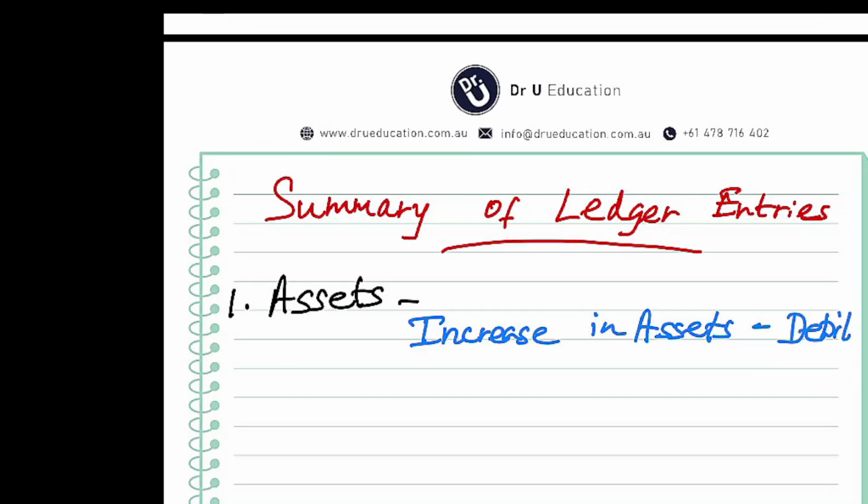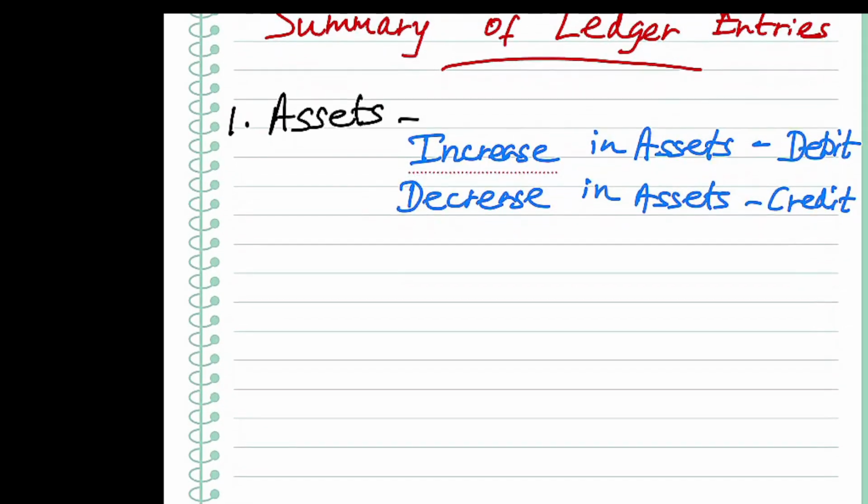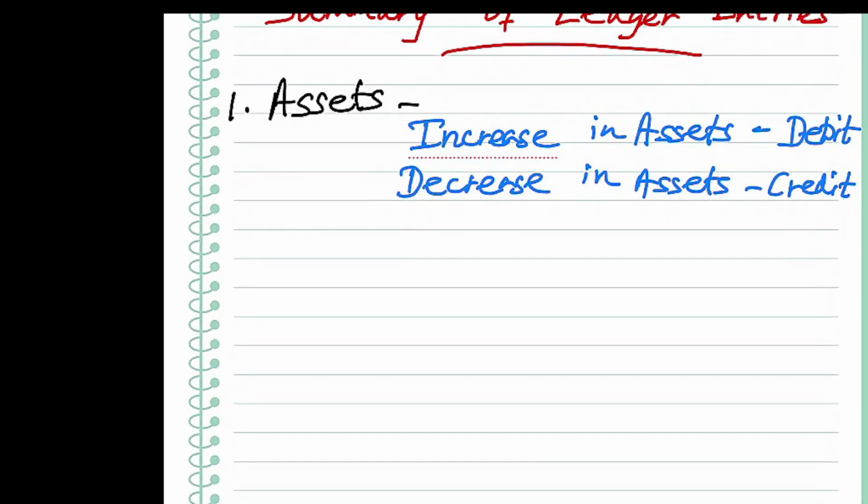Debit. Decrease in assets, credit. Number 2, expenses.